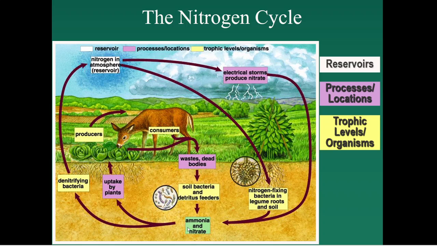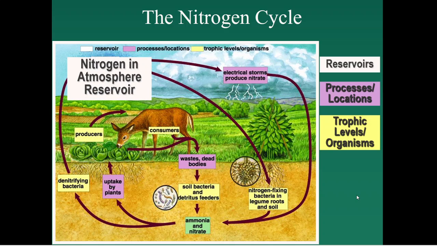Okay, and once it makes ammonia, it can go to these denitrifying bacteria, which will breathe it back out and send it into the atmosphere, or it can be taken up by the plants, okay, the producers, and passed on to consumers as they eat it. Then those consumers die, boom, and the nitrogen goes back into the soil and back to the bacteria and back through the cycle again.